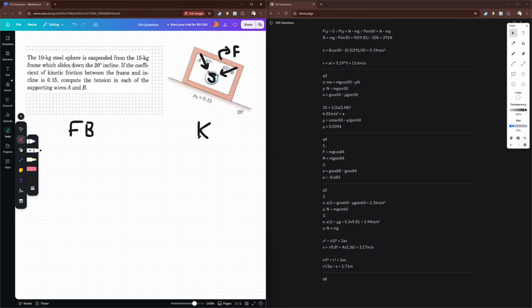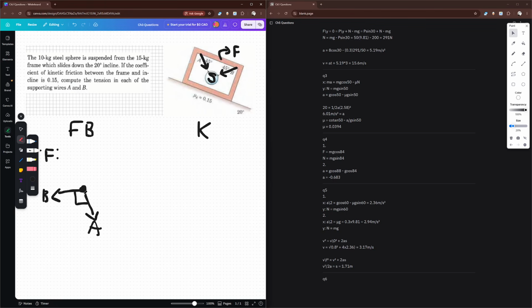Kinetic diagrams. So let's start with the frame. In terms of its free body diagram, it is like this. If we consider the particle to be like this, TB is acting at this angle and TA is at this angle. So this is B and this is A, and they're both at 45 degrees from the origin.